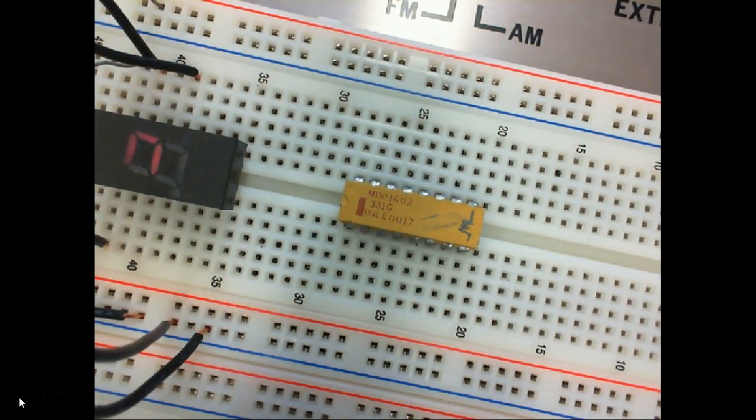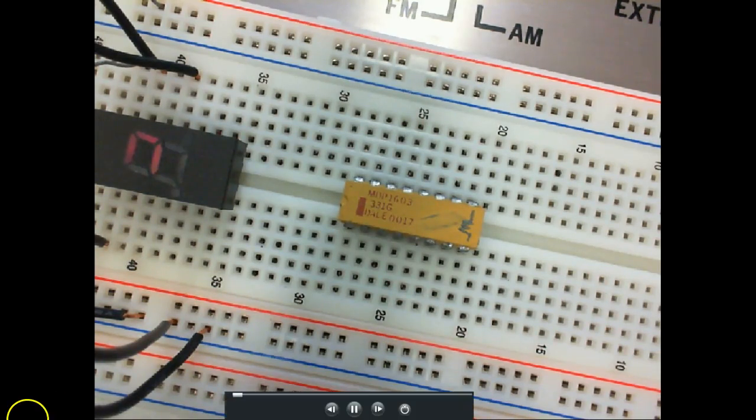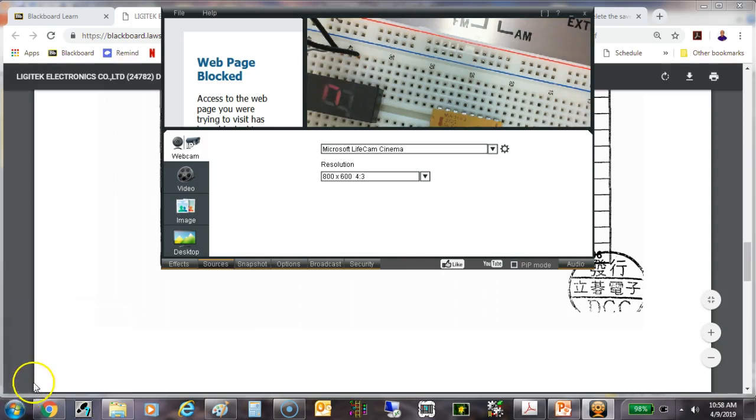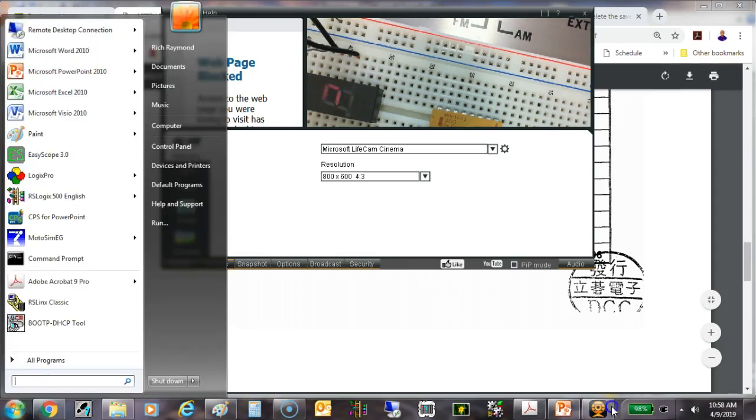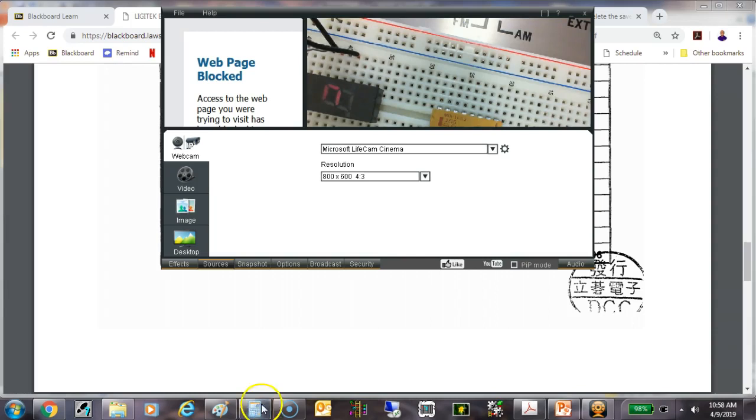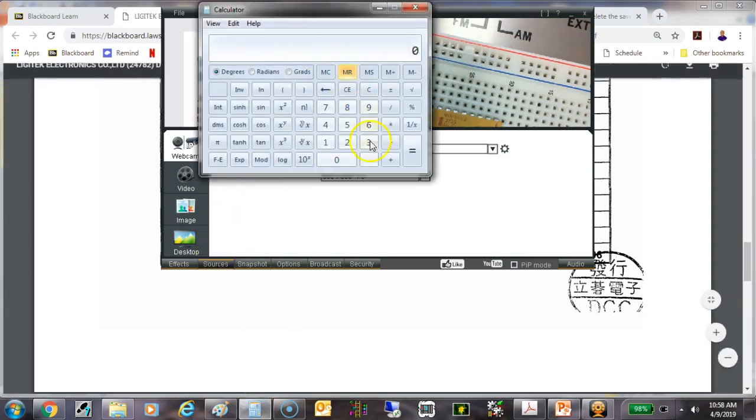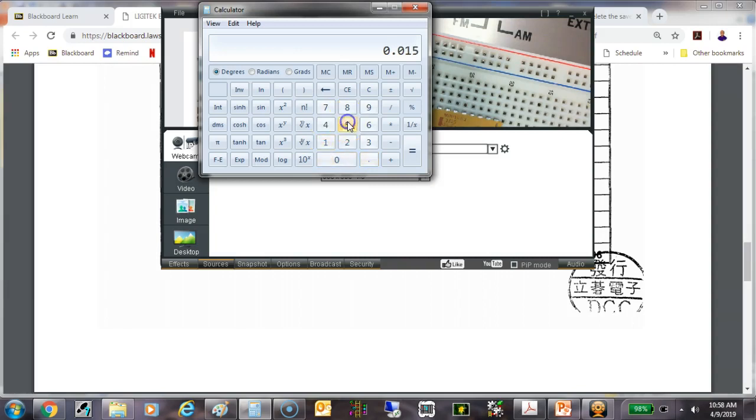Now these are low wattage, but we're only dissipating around 15 milliamps at 330 ohms. If we do the math, I squared, so 0.015, that's 15 milliamps, squared times 330 ohms, is only 74 milliwatts of power.